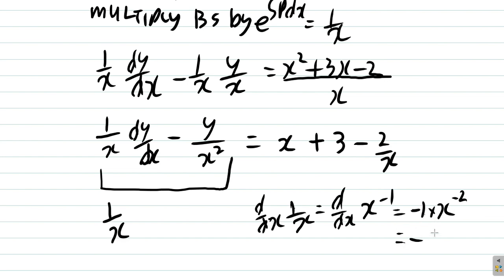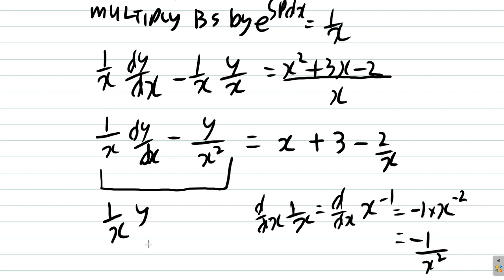So this would be negative 1 times 1 over x squared. So it becomes negative because of the negative 1, and under the line the denominator is x squared.